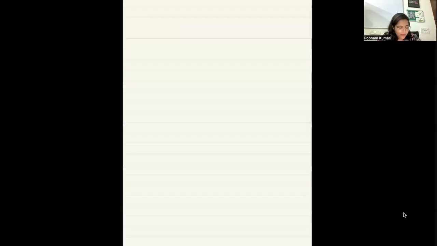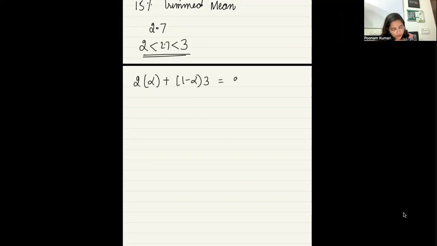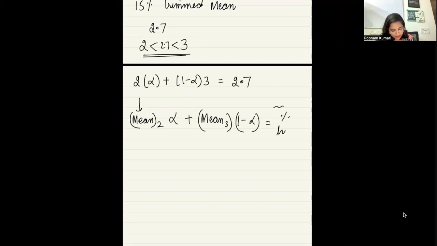For example, if some trimming gives you the number 2.7, which is between 2 and 3, you have to find the alpha value which will bring 2 and 3 to 2.7. Then whatever trimmed mean you get by removing 2, multiplied by alpha, plus the trimmed mean you get when removing 3 observations from both sides, that number will be your trimmed mean for that percent.